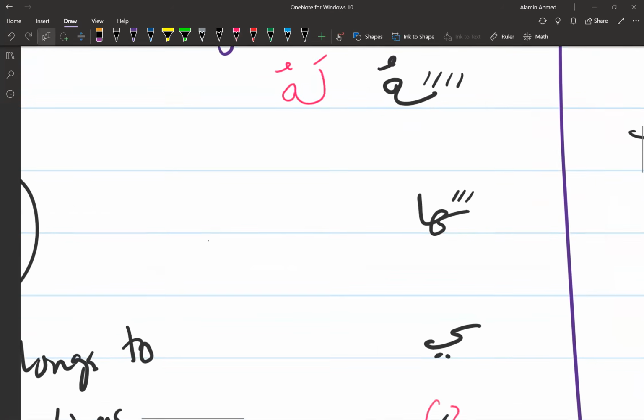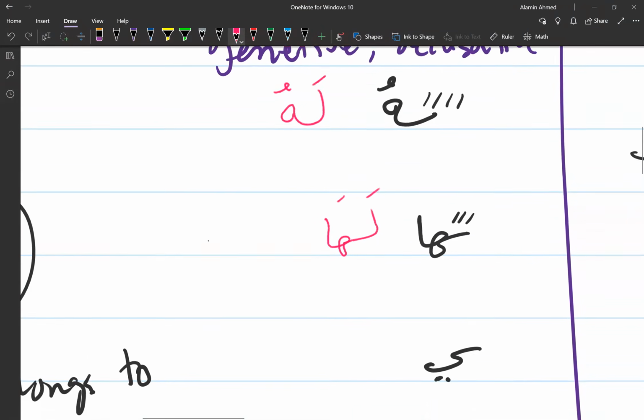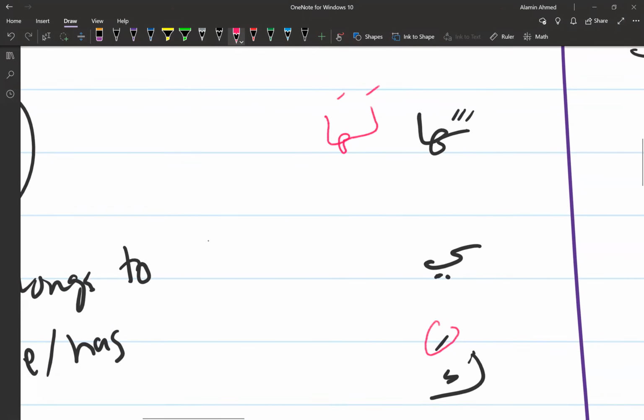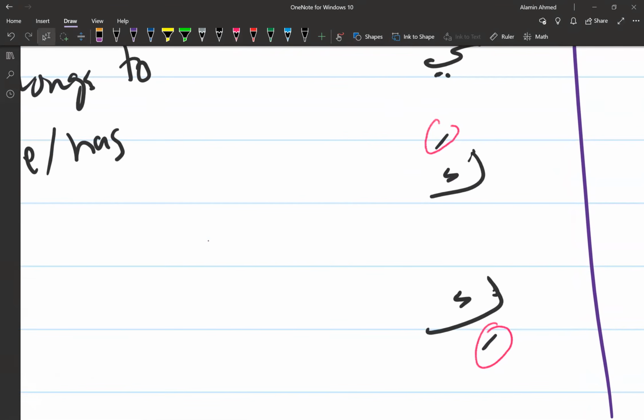So what do you think is going to be here? You want to say it's for her. How would you say that? Laha. Yes, you see what's happening? How do you say it is for you? How would you pronounce it? Laka. Yes, simple.